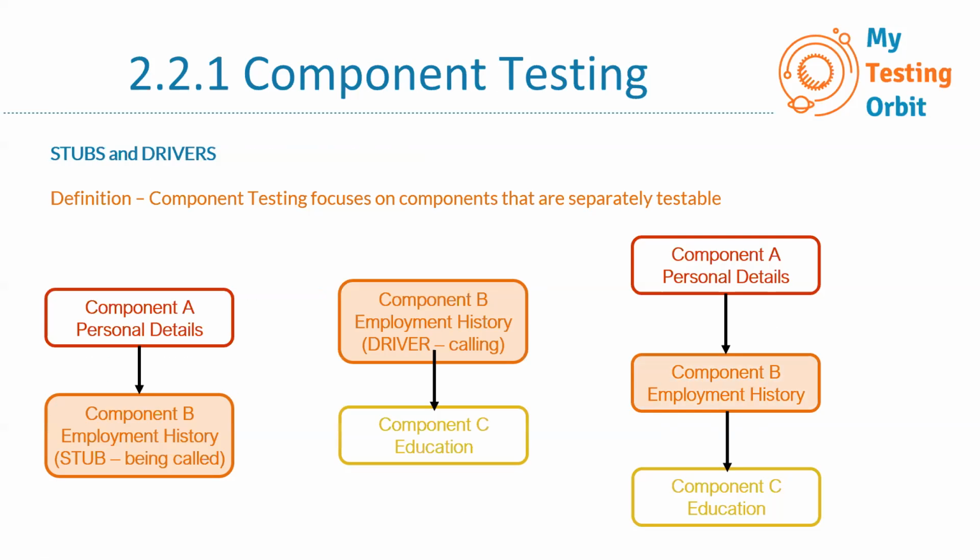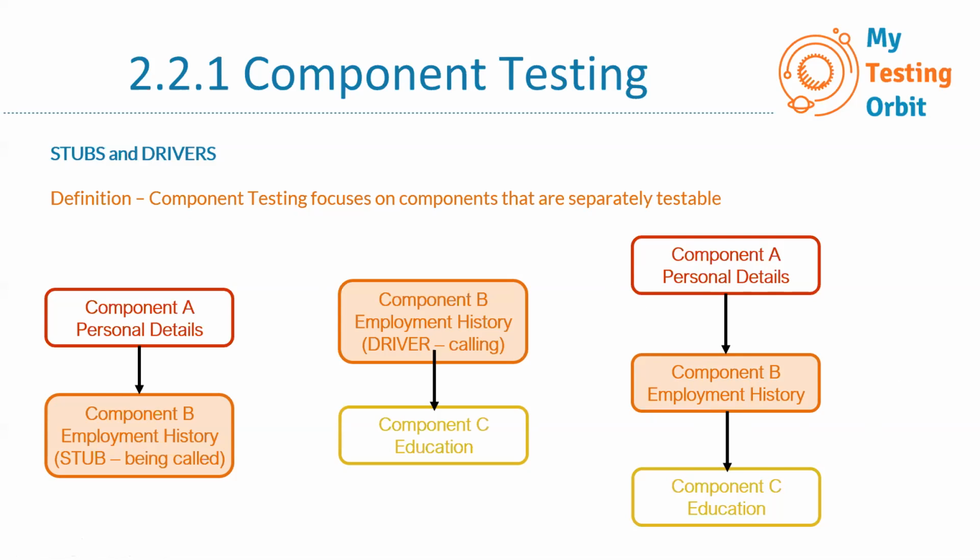Now we are saying that component A has a dependency on component B, and component B has a dependency on component C. Let's say component A is developed, component C is developed, but component B is not yet developed. Because A has a dependency on B, we can't test component A fully.